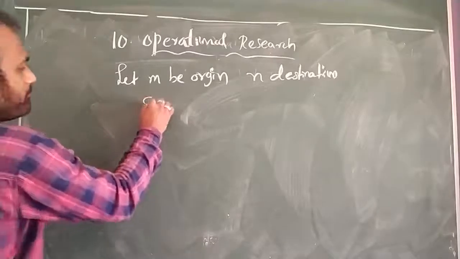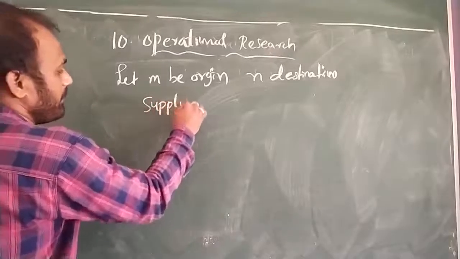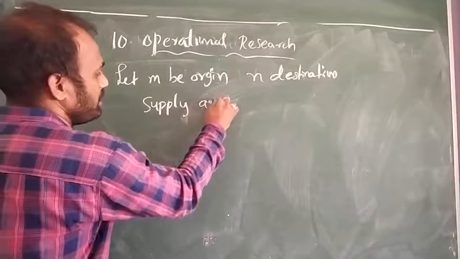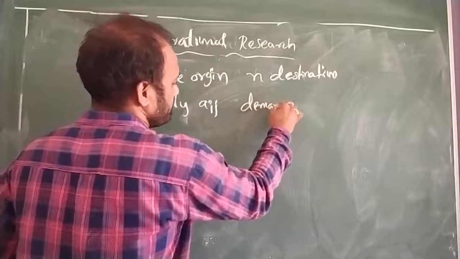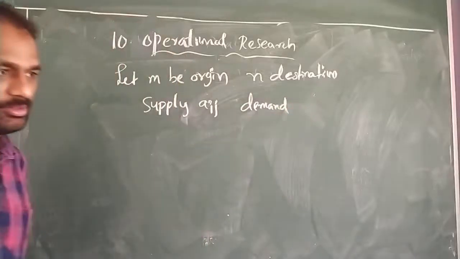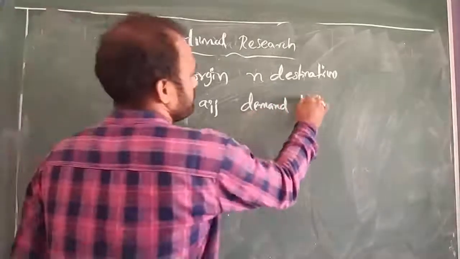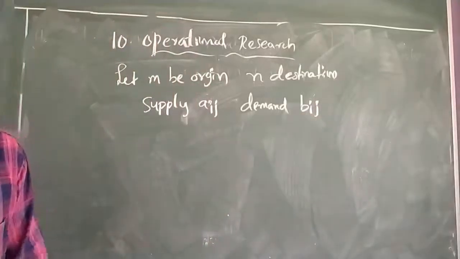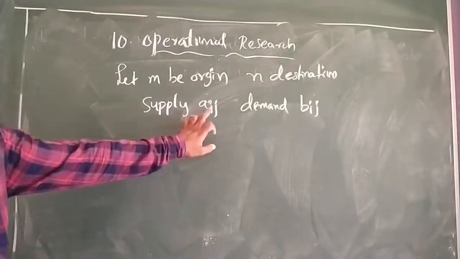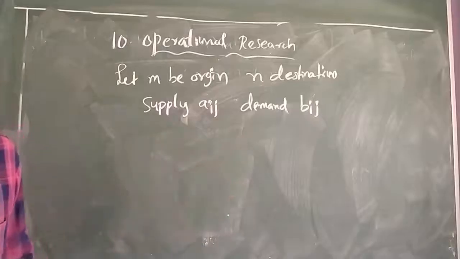So from M, the origin, it has to go to N, the destination. Then supply: the amount of supply is Ai and the amount of demand is Bj, where i and j stand for rows and columns.